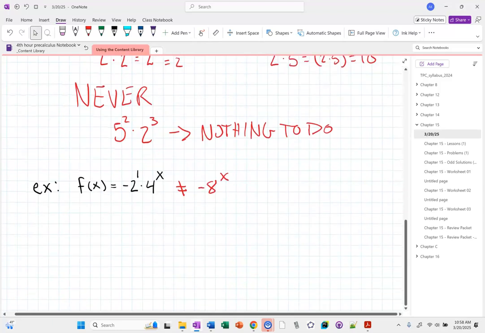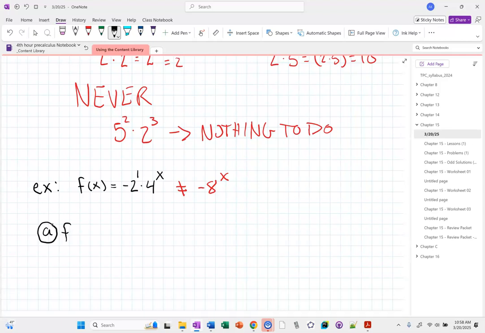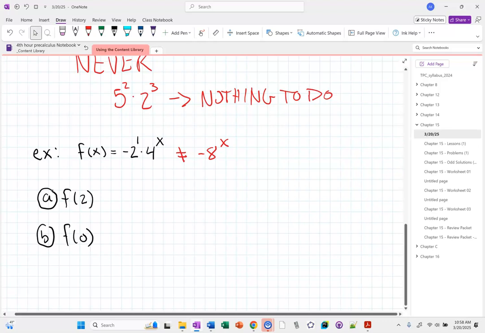What I want to do here to practice some additional exponent rules is just to evaluate this function f at some different values of x.